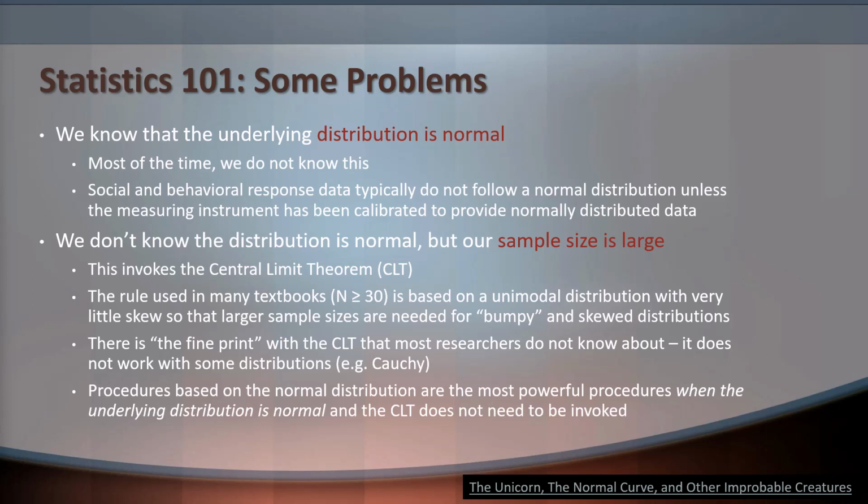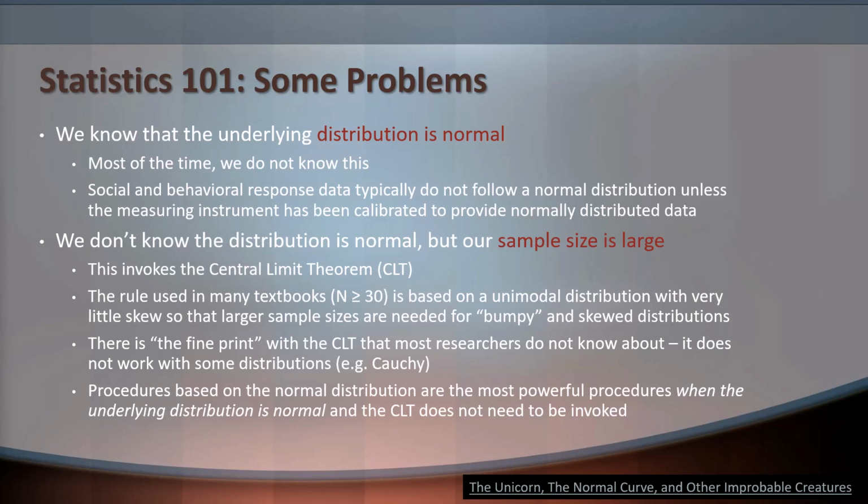And then there is the fine print that we never talk about in Statistics 101, and that is the central limit theorem does not work for all distributions. There are some kinds of distributions, such as the Cauchy distribution, in which we will never achieve a normal distribution no matter how large our sample size.